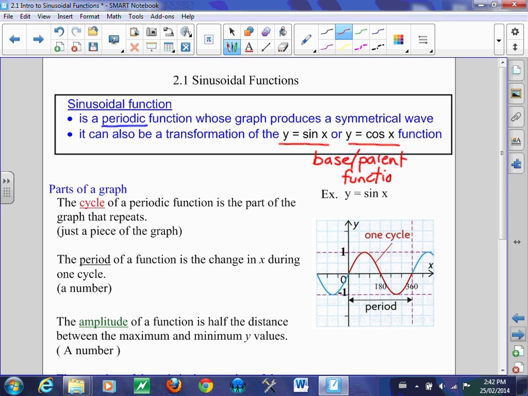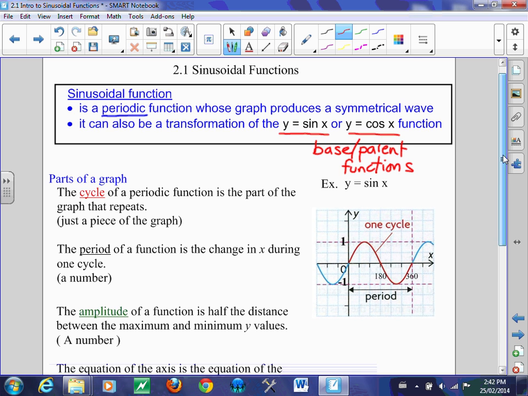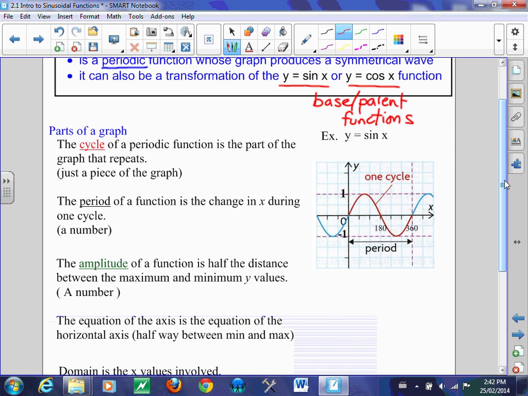By the end of this unit, you'll do a good job at making transformations based on those. But on day 1, let's not jump to those things, and let's just go back to the basics.